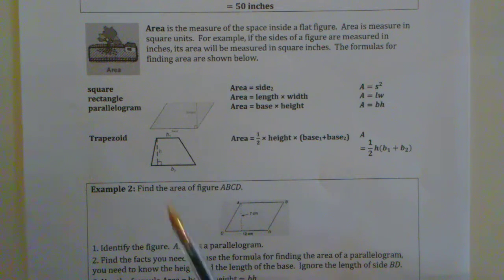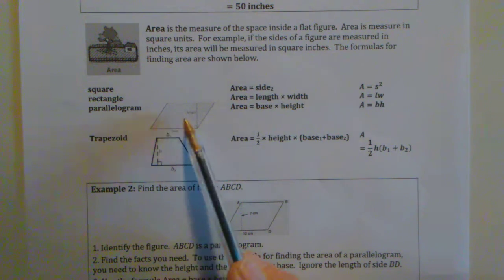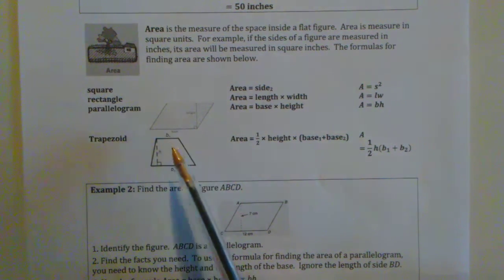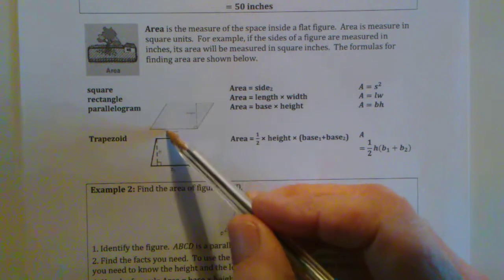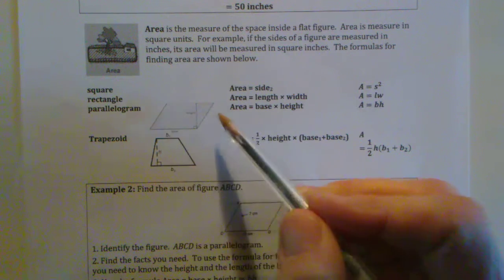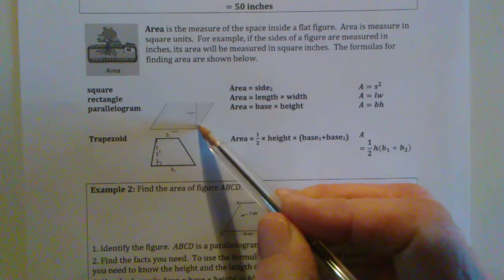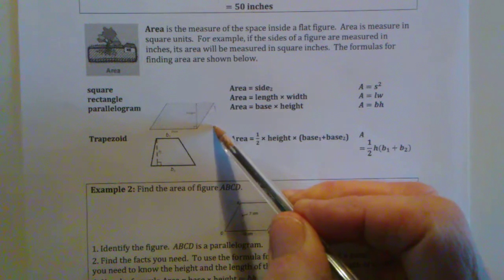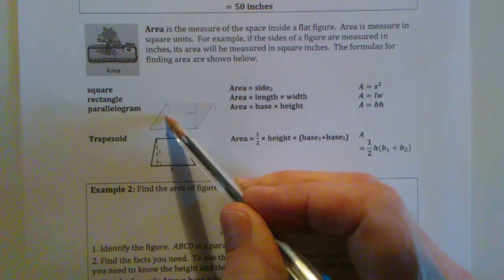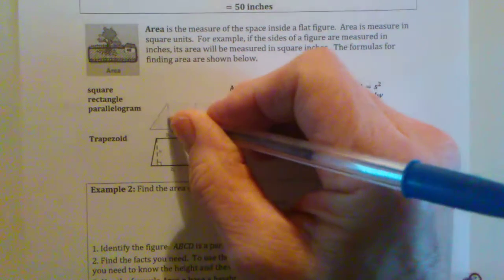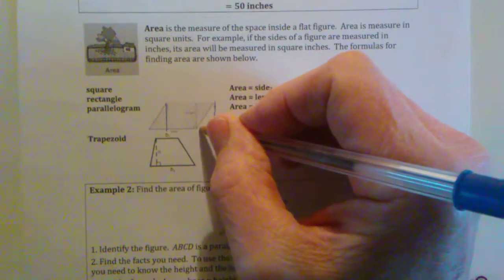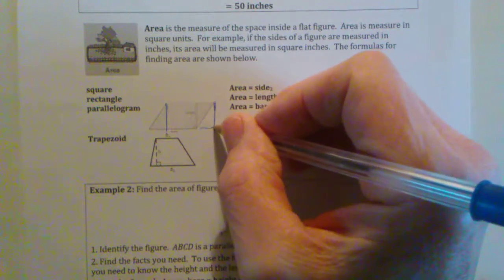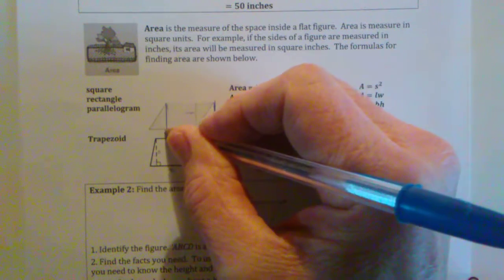Now, a parallelogram. Well, you can see it on your paper, right? Looking at the parallelogram, if you cut this part off, this little triangle over here, it would fit right over here. And then it would be the same area as this rectangle. If I cut that triangle and stuck it over here, you'd be left with this rectangle. And what's the area of this rectangle?